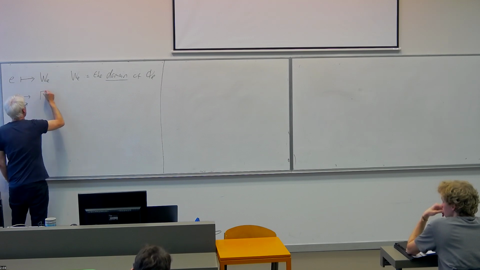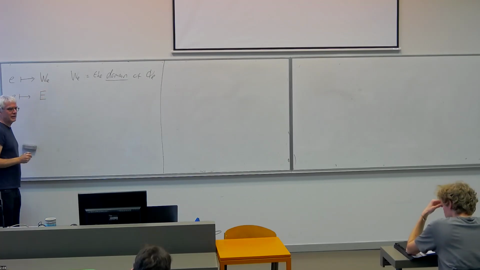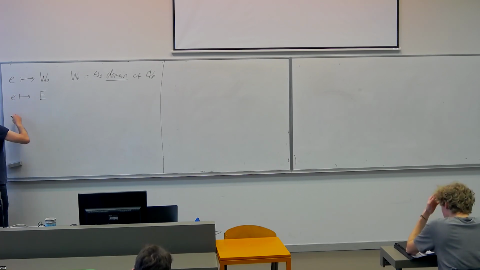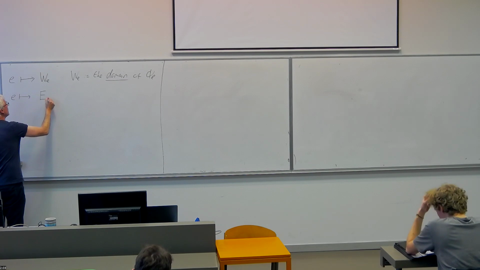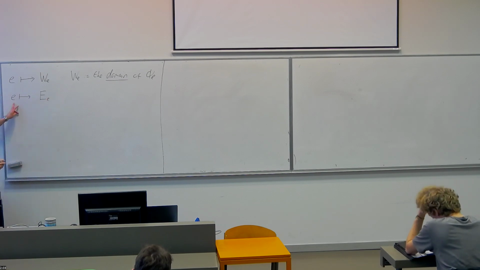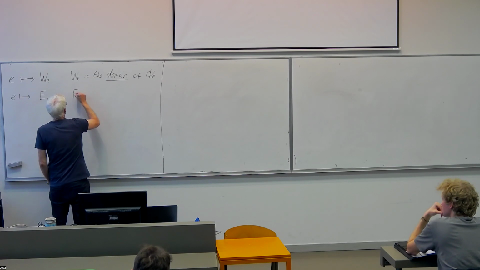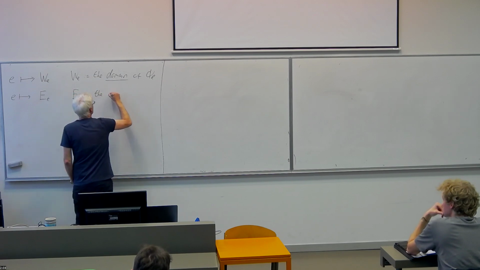And in this case, the standard notation is to use capital E for the range of the computable function phi E. And I'm using E just to emphasize it's a natural number, to emphasize we're using it as an index of a computable function. So this is E sub E, which is the range of phi sub E.